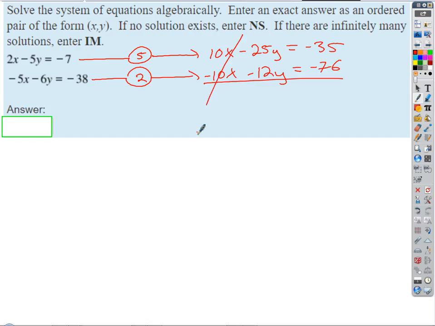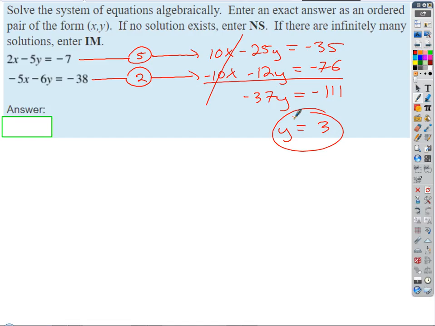And sure enough, the x's cancel, and I could do it from there, couldn't I? Right now I've got negative 37y equals, what is that, negative 111? Okay, and so then if I divide each side by negative 37, that gives me 3. Right? So I can just plug that back into one of the original equations and find x.